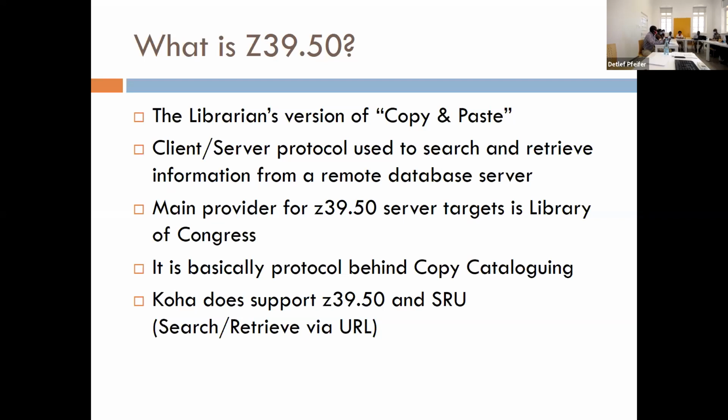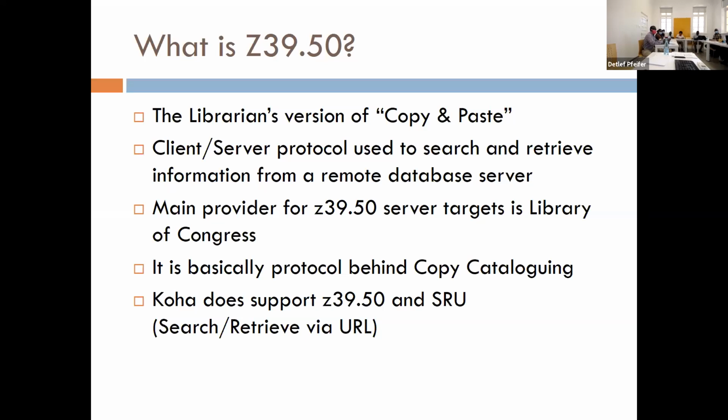Every library system normally supports this feature by default, and Koha is not an exception. It supports Z39.50, so you can actually copy catalog records within Koha, which is a good thing because it saves you time. You don't do original cataloging always. You only do original cataloging for unique materials that you can't find elsewhere.